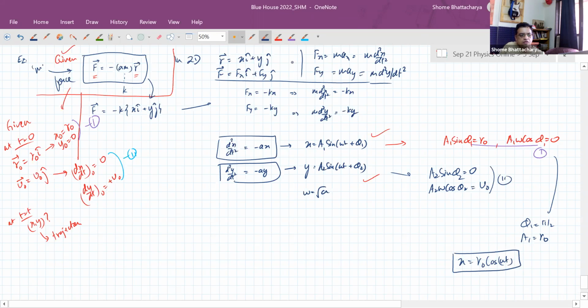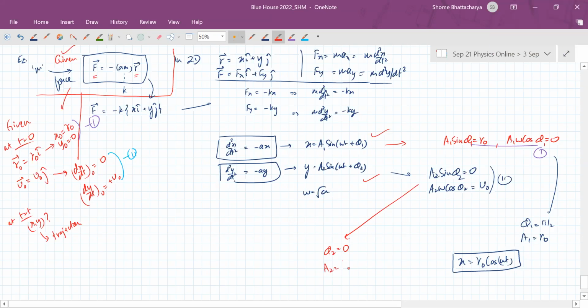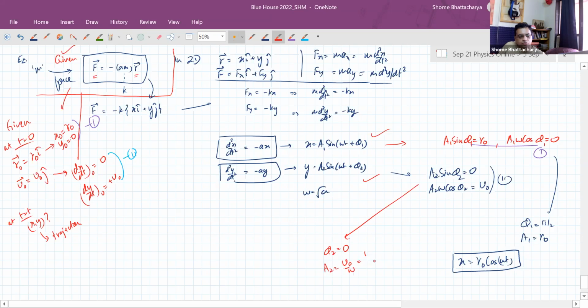And from the other information, I will get phi 2 as 0, and a2 is v naught by omega, or v naught by root a. So what is my y coordinate as a function of time? My y coordinate as a function of time is v naught by root a sine omega t.